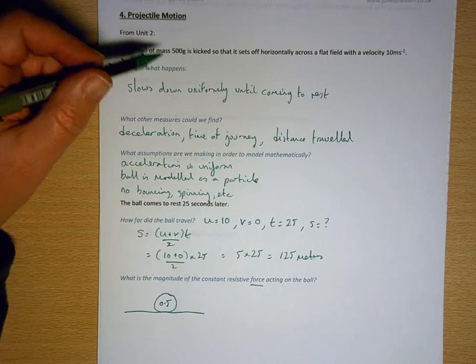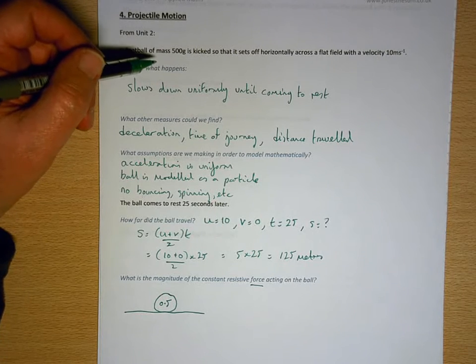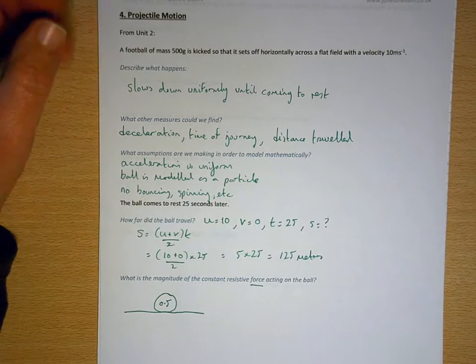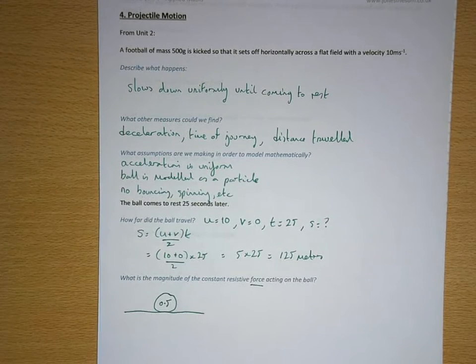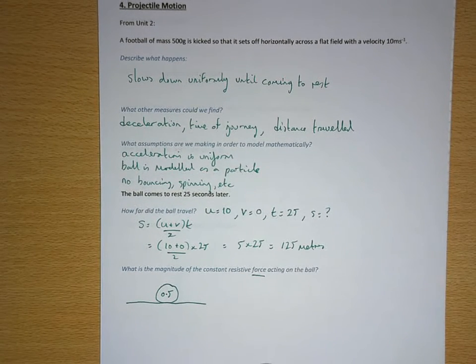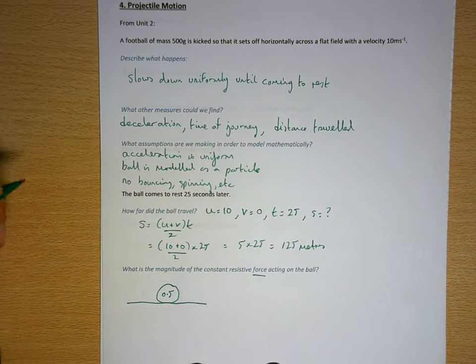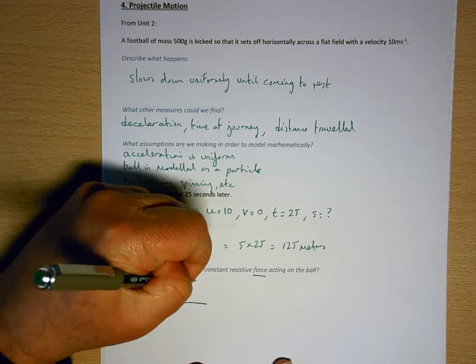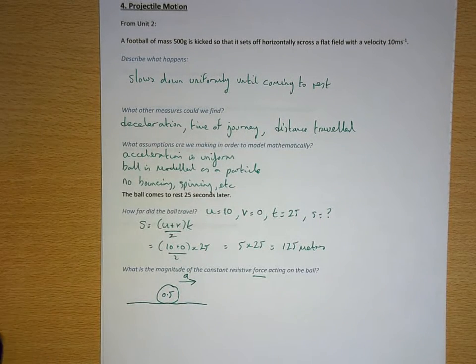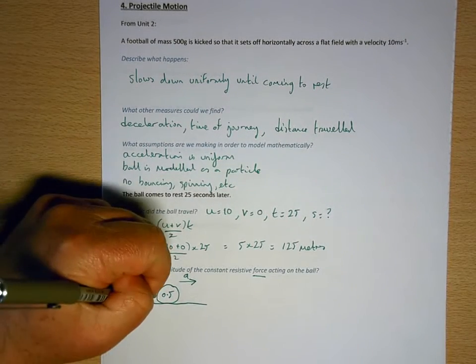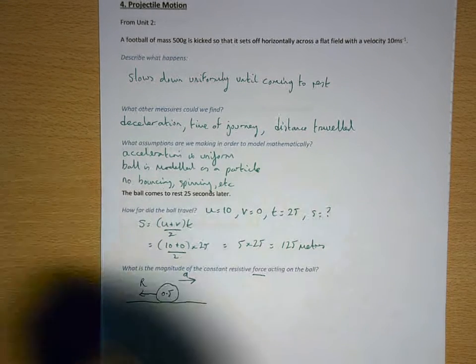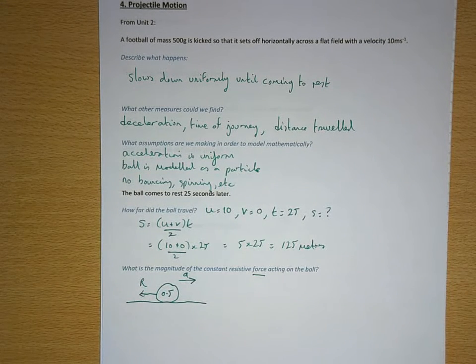If it was 500 times 9.8, it would be a weight. So 500 grams is the mass. I need to have that in kilos in order to work with Newton's second law. So it's 0.5 of a kilogram. And I know that if it's accelerating in that direction, it's being resisted by a force opposing the direction of motion.